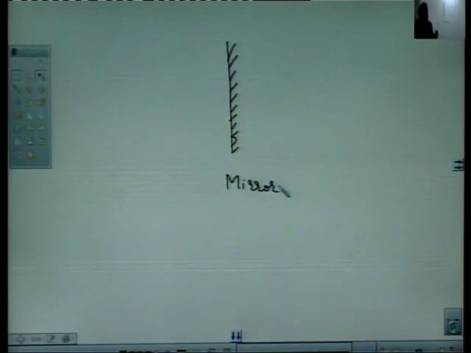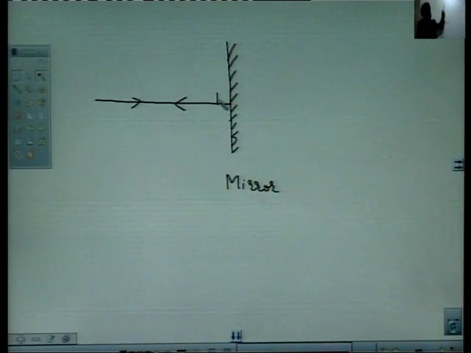Suppose we have a mirror. If a ray of light strikes perpendicular to the mirror, it will come back along the same path when it strikes at 90 degree to the reflecting surface, that is the mirror.